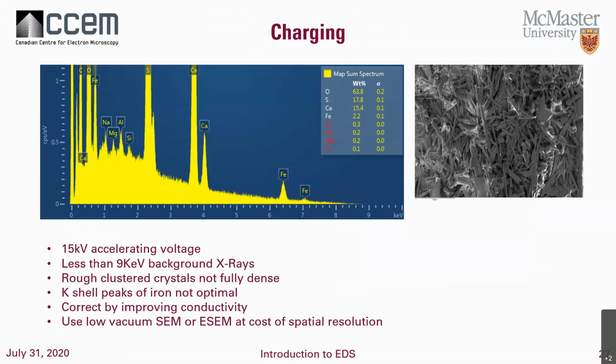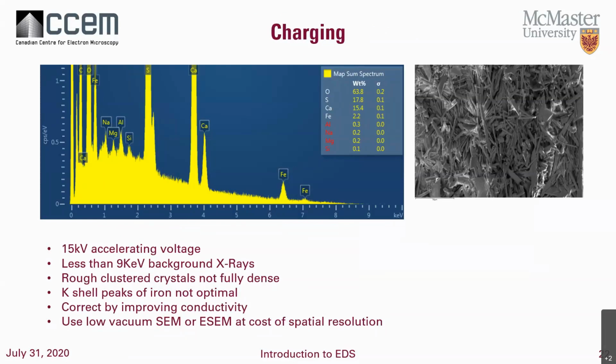Charging. A lot of people make the assumption, because X-rays don't have any effect of charging, that charging isn't a problem. But charging does affect the primary beam.